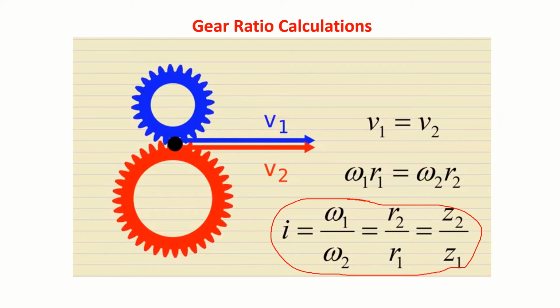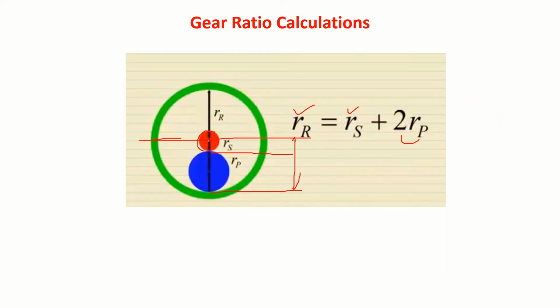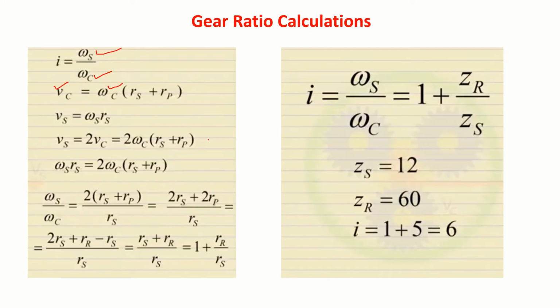You can go to this one, Rs plus Rp, this radius about this point. Okay, fine. Vs, that is the sun gear, is omega s Rs. Suppose Vs is equal to 2 times Vc. So Vc is nothing but this value, you bring it here.